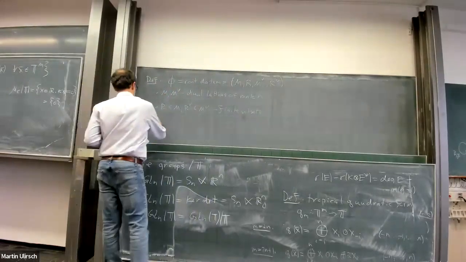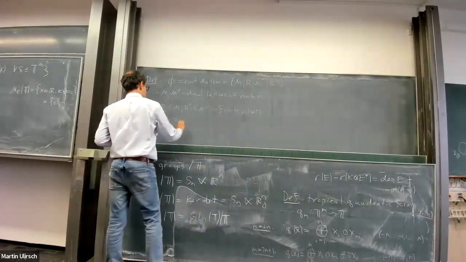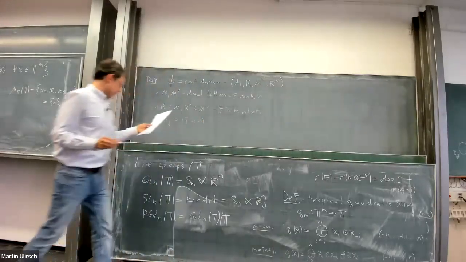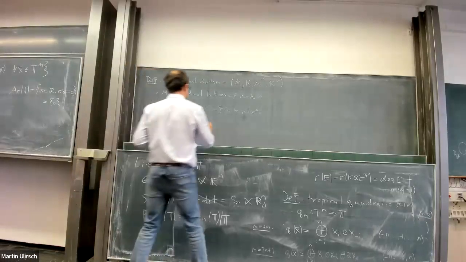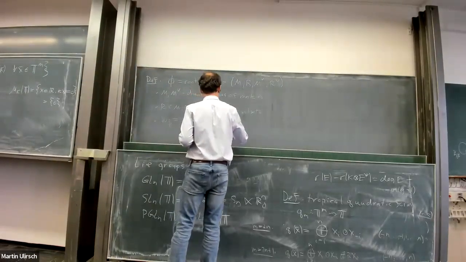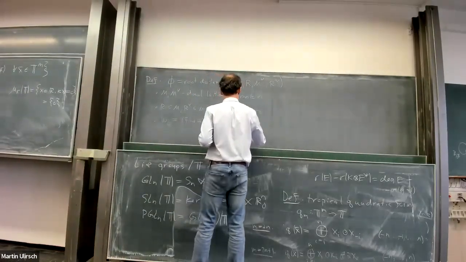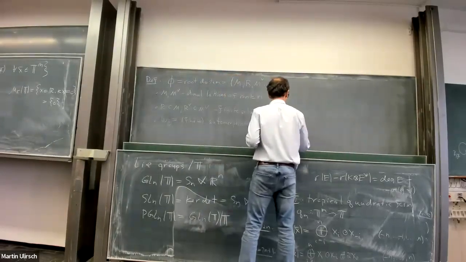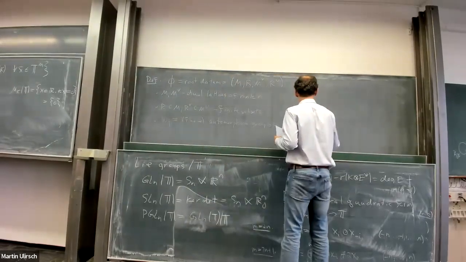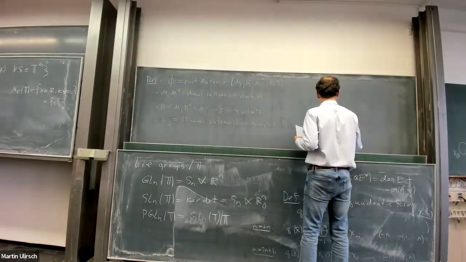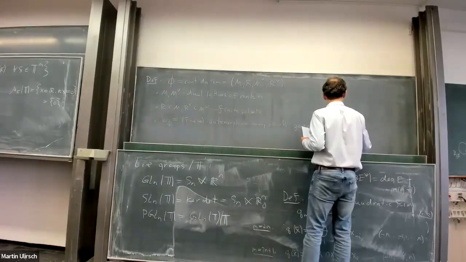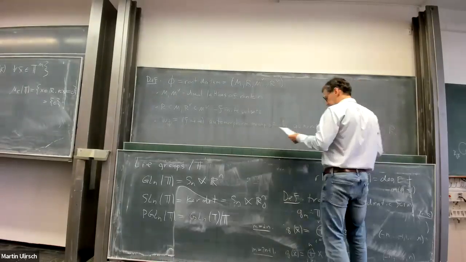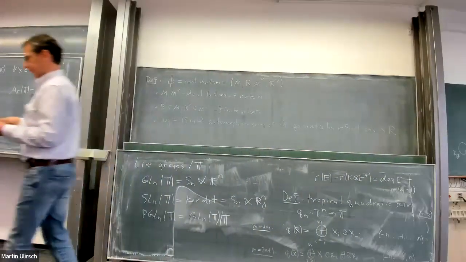And the Weyl group is the finite automorphism group of the lattice generated by the reflections in the roots. Okay.